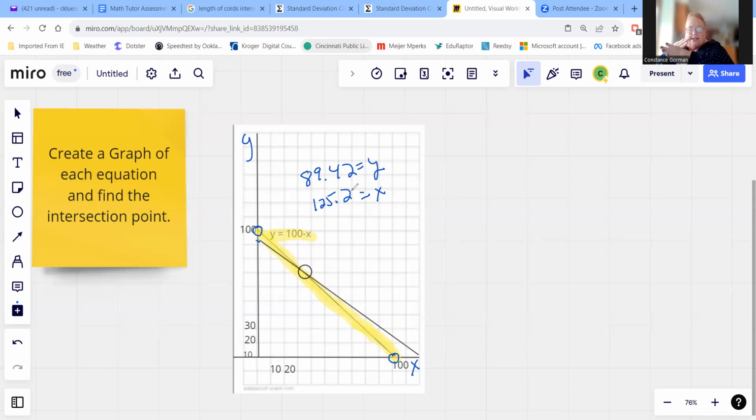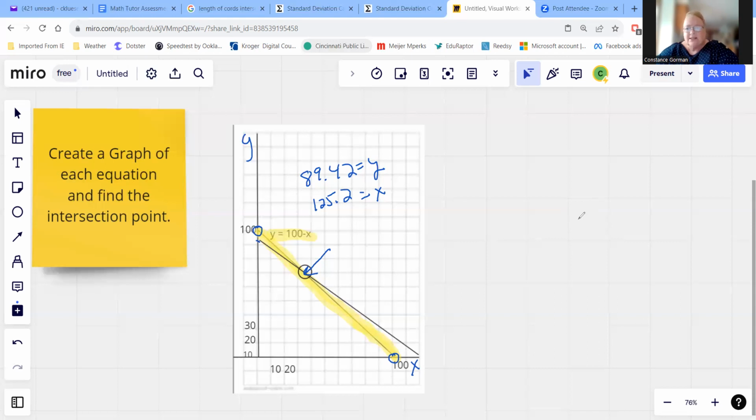But where those lines intersect is going to be the solution for the system of equations, and I circled it right here. So the intersection point is somewhere in here, but do you realize that graphing the system of equations is not good unless you can fine tune each block to have maybe each one represent one, and you would need 100 blocks plus, to be able to even get close.